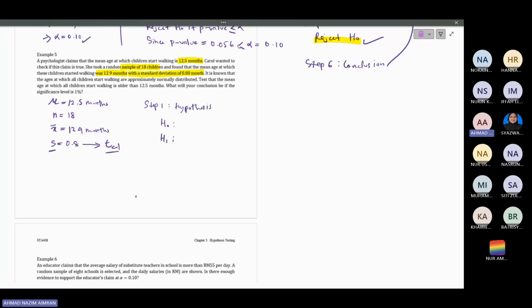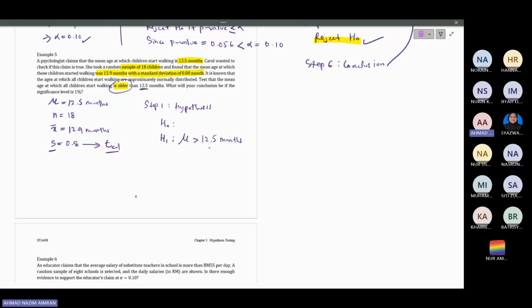We want to test that the mean age at which all children start working is older. This is the keyword, is older. So the mean is greater than 12.5 months.